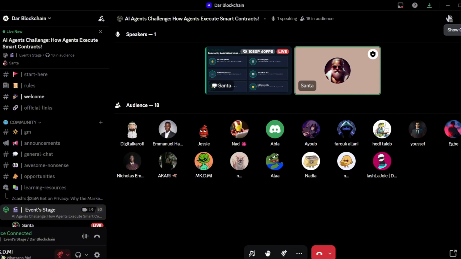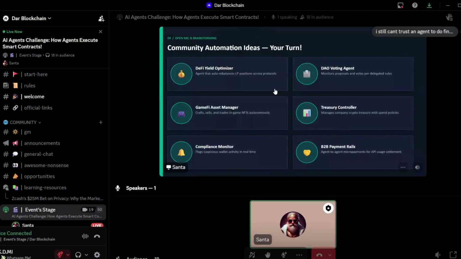And we saw a lot of agents make very good profits. By the way, a lot of these agents are open source, so you could install them and use them for your own good. So yes, it works, and it's actually feasible. And the most important thing, it is improving, guys.